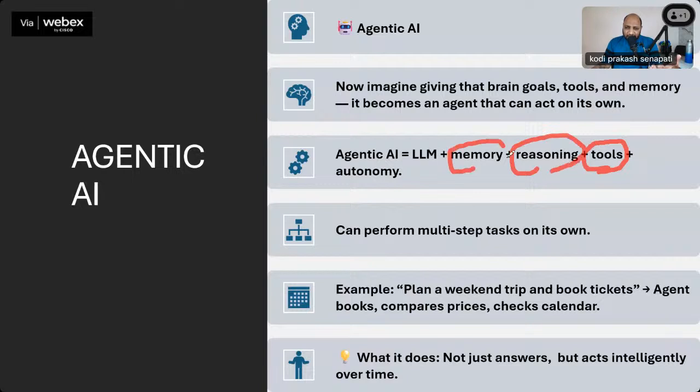Reasoning and memory, you have to pass to the memory. Then only is there solid planning, which is required for weekend trips. So when you combine memory, reasoning, and tools, this becomes your agentic AI, and you book the tickets, and proper planning is required. Without proper planning, this is not possible. I hope you understand, guys.